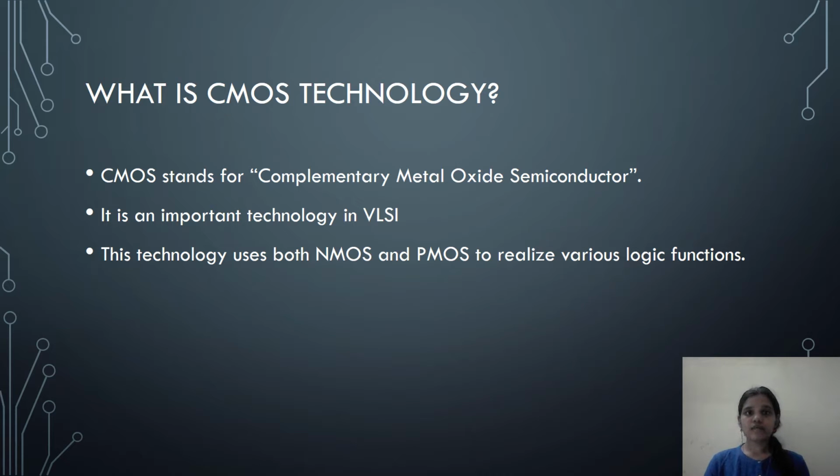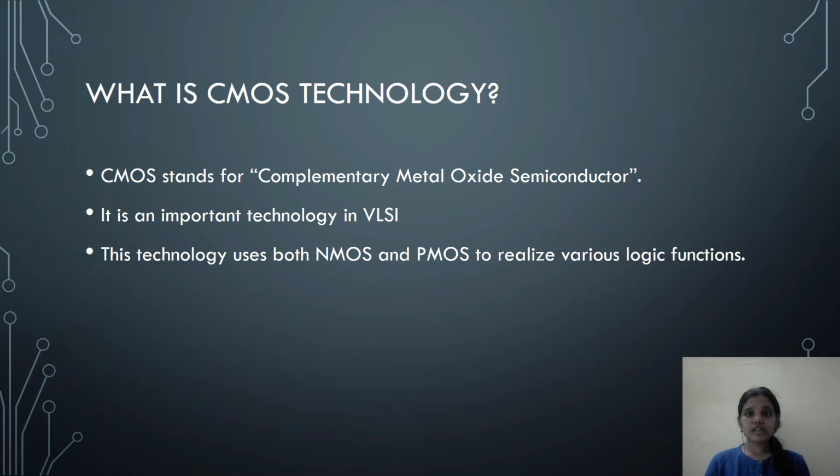In CMOS, we can realize both the P-channel and N-channel MOSFET in three different ways. The first is if we start out with an N-type substrate, it is compatible with the PMOS fabrication process flow.